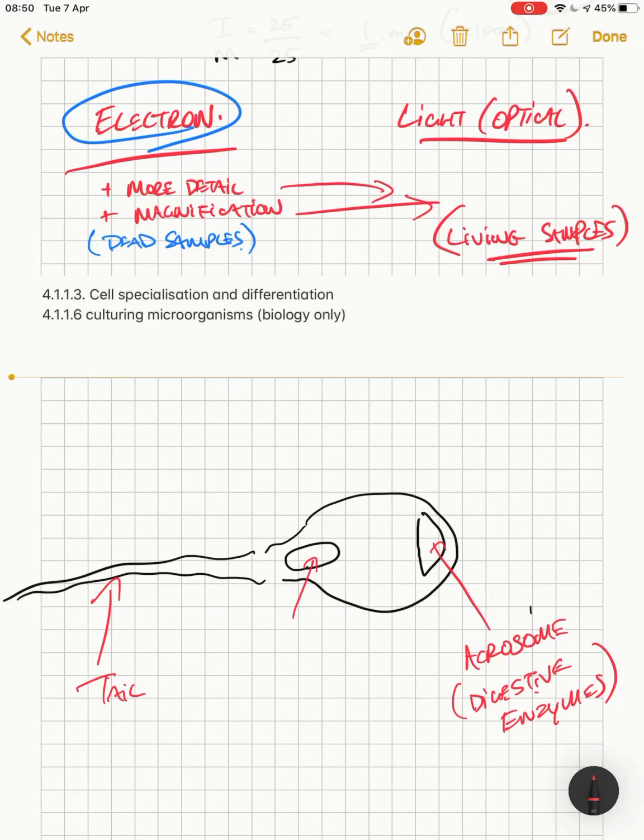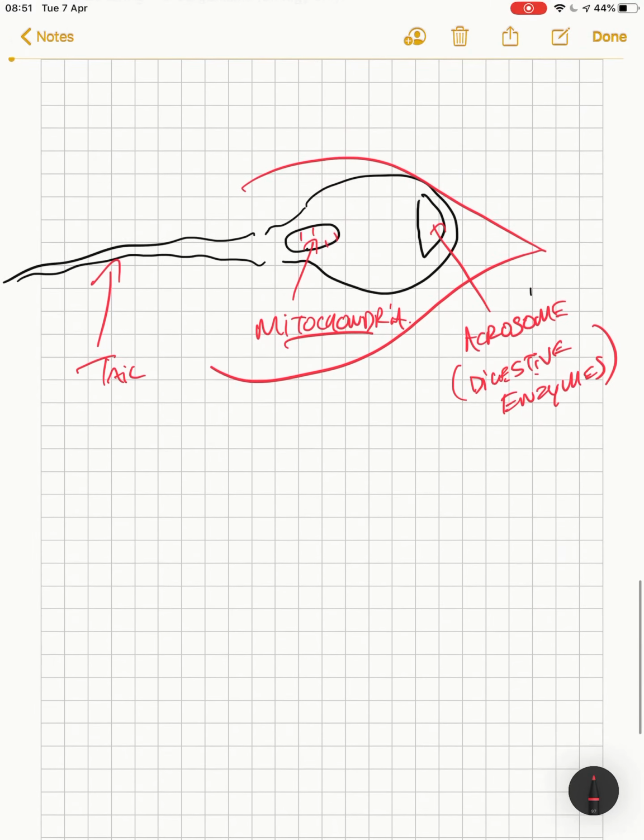It also has a collection of mitochondria. That's not a very good mitochondria there. The mitochondria are releasing energy from aerobic respiration that's allowing the tail to beat or to move. It also has a streamlined shape that allows it to move faster. So all of these are specialisms of that particular cell.